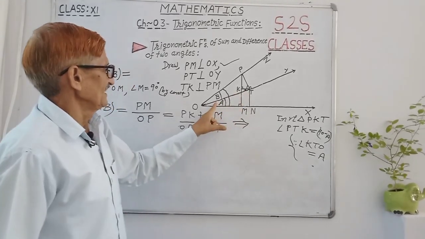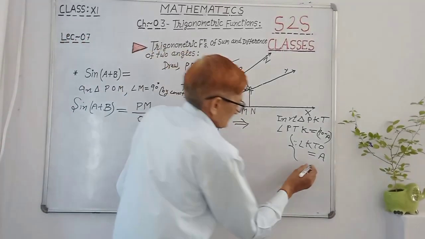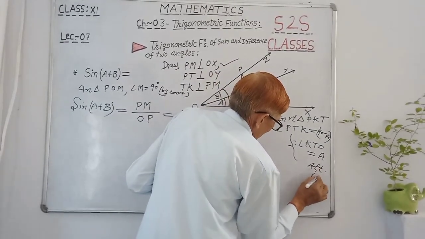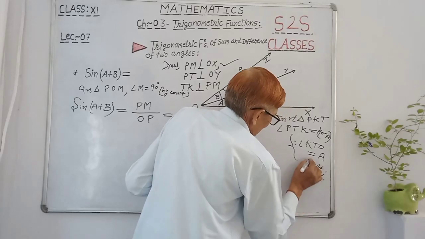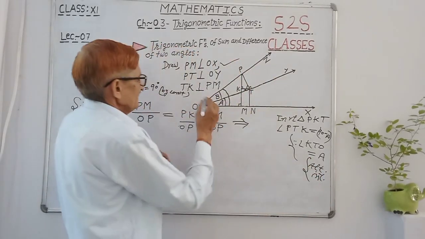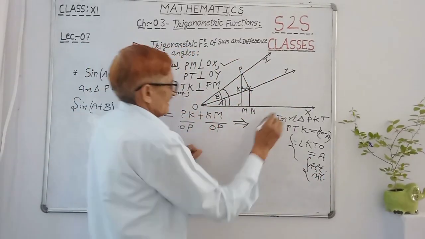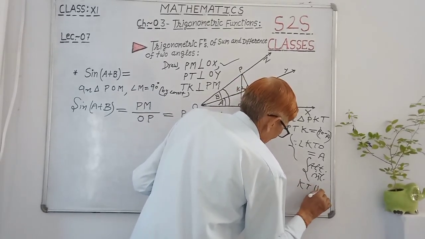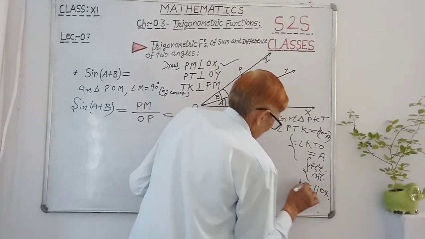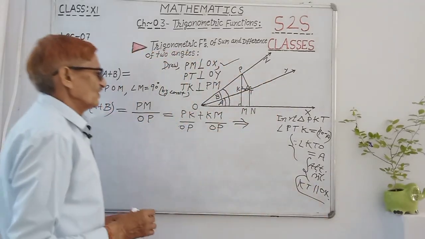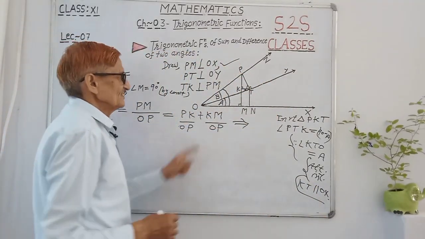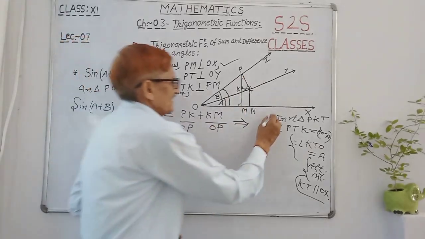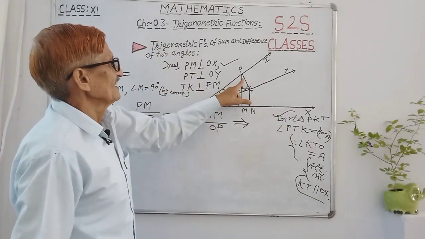Because this angle A and this are alternate interior angles of line TK parallel to OX, that is KT parallel to OX. So in this right triangle PKT, what is angle P?